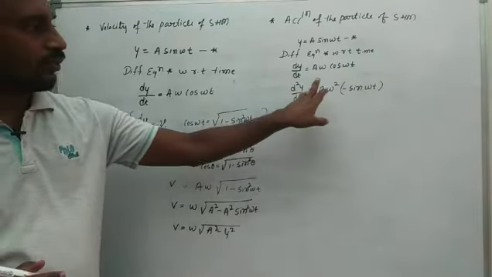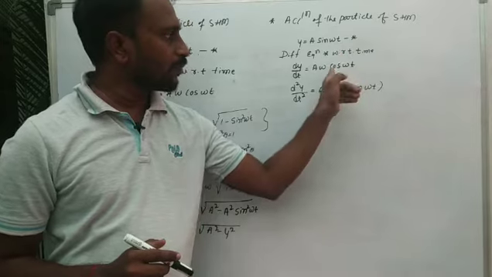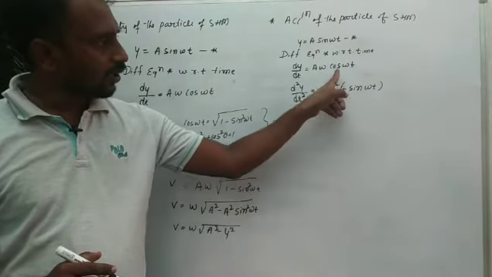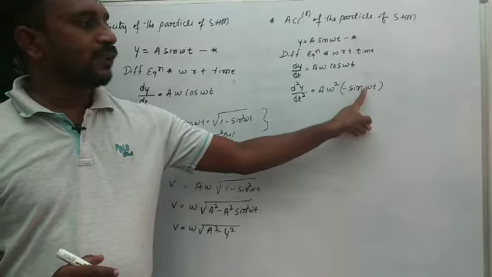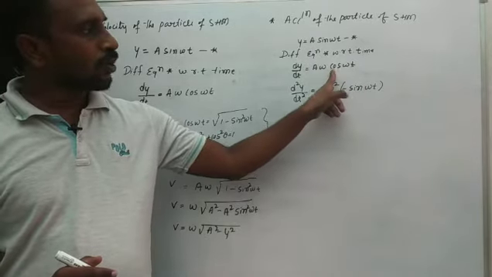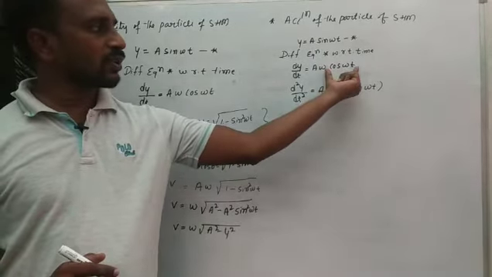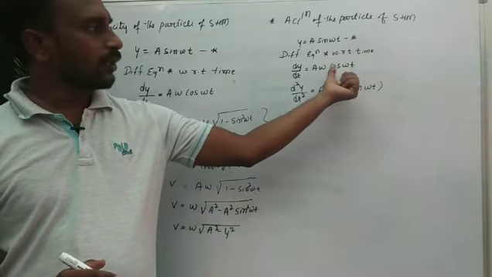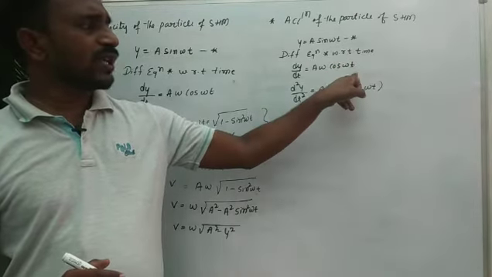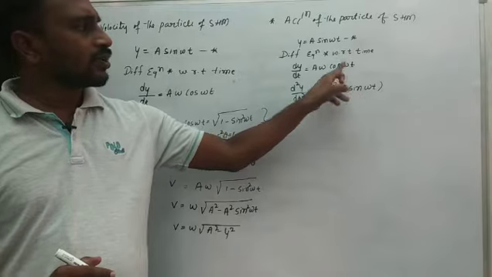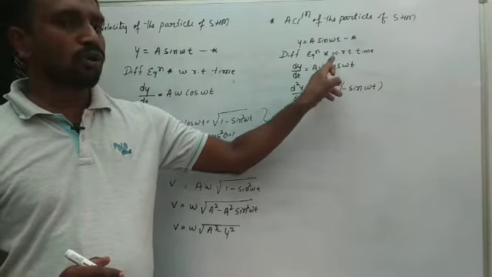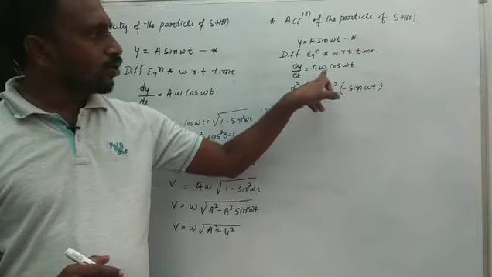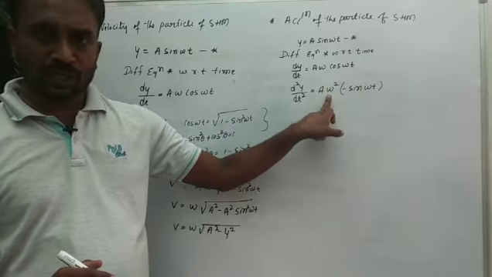Initially we had a omega cos omega t, then again differentiating gives a omega square minus sin omega t. Why? Because cos omega t is a trigonometric function with time as the variable, so differentiating gives minus sin omega t into omega. So omega into omega, omega square.